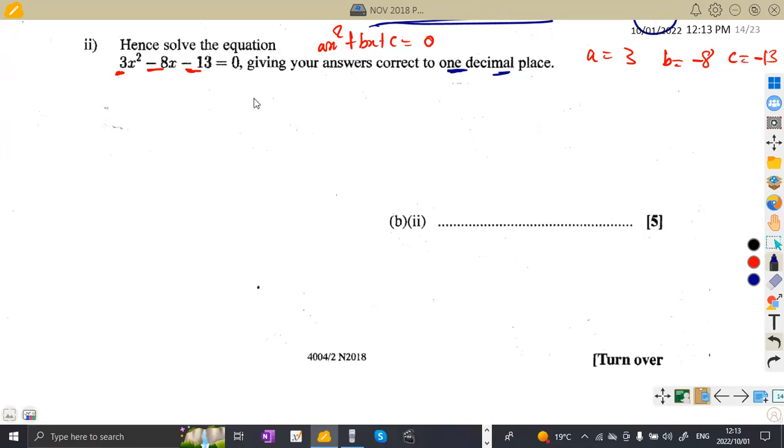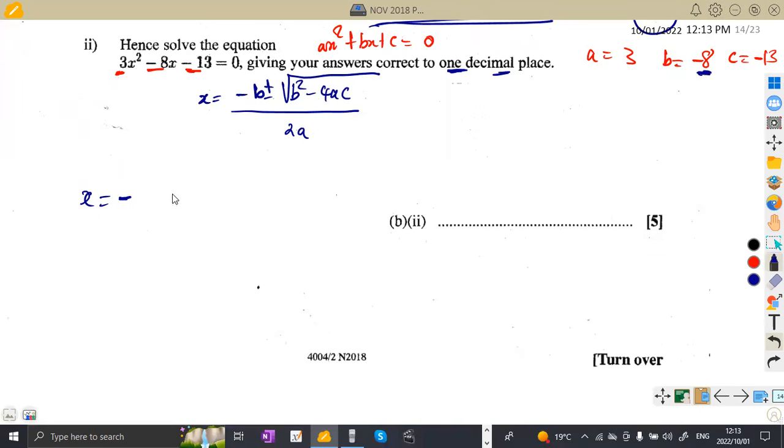So from our formula, we know that x is supposed to be equal to minus b plus or minus the square root of b squared minus 4ac all over 2a. So no matter how you know this formula, you're supposed to write it first. Then you substitute into the formula. Okay, where we are saying x is minus b. So it's going to be minus our b is negative 8.